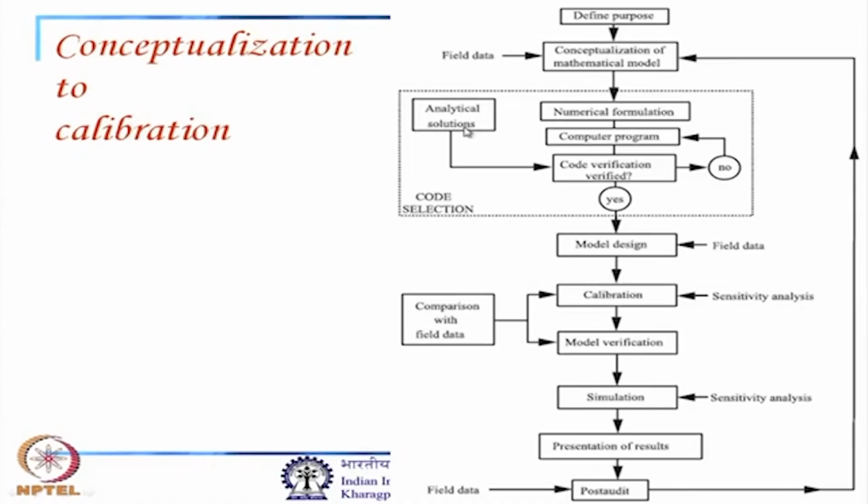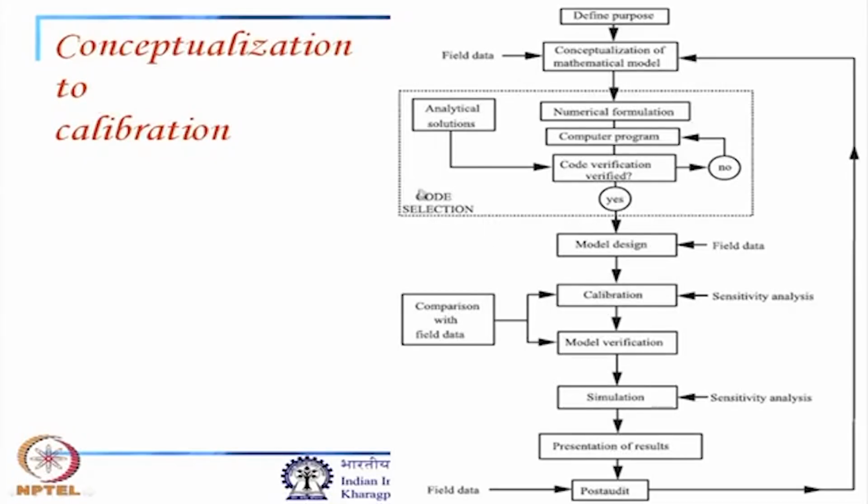But the problem is that if we start with the reality thing, then there will be certain kinds of errors. So, it is better to use the analytical solution for code verification. If the code is not verified, then we can go back to the computer program and try to rectify or correct our errors.